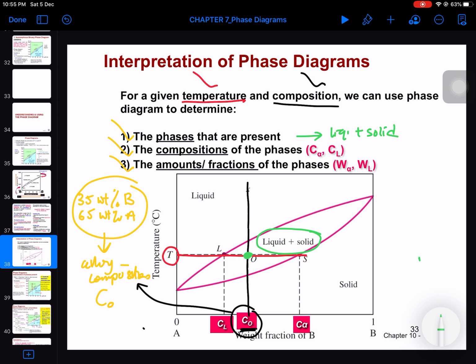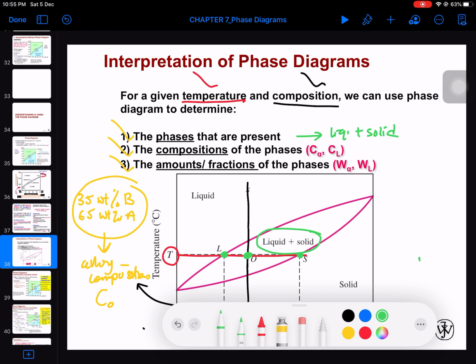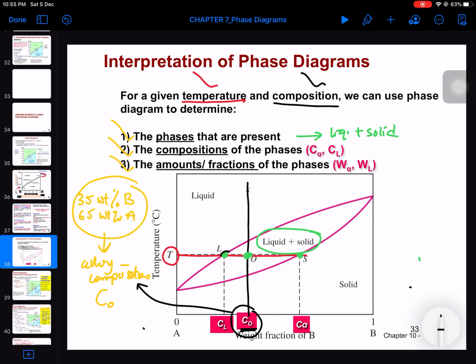Then we have to determine the composition of each phase, and the amount and fractions of each phase. Let's go to the second one first. To determine the composition of each phase, you have to look at the intersections of the horizontal line with the phase boundaries. So we have one composition here and the other composition here.